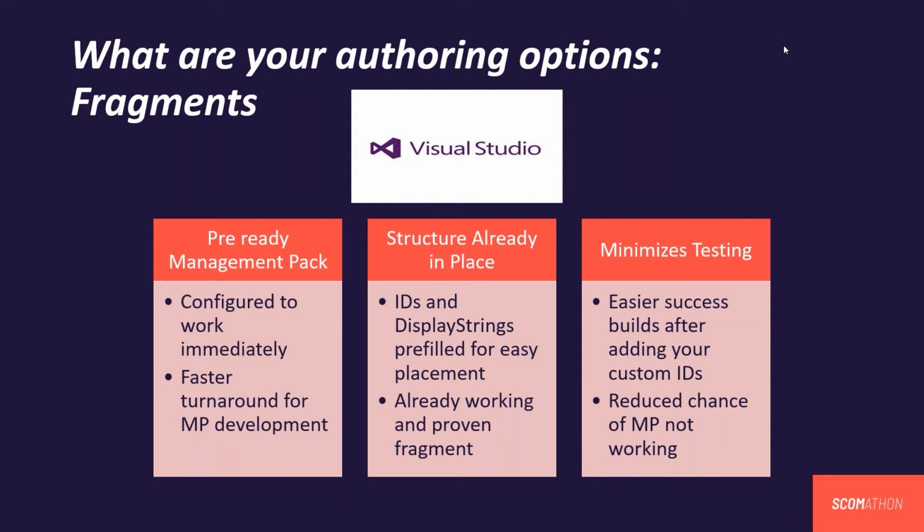So the whole idea of management pack fragments is that the whole structure is already there, ready to go. There's definitely a faster turnaround for management pack development, because even as an advanced user, it's so much easier to just get a management pack or a fragment that's already working, and then just take the actual structure and place it into a new management pack, and then just go ahead and configure it that way.